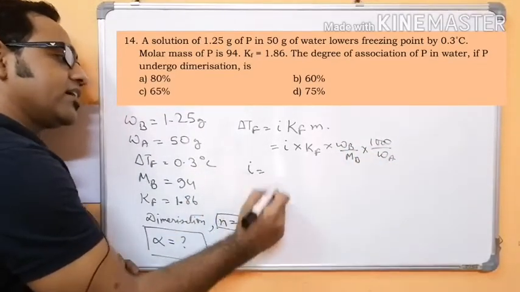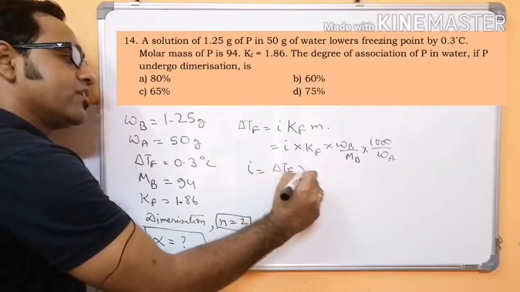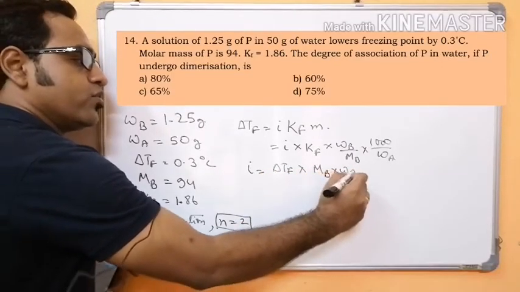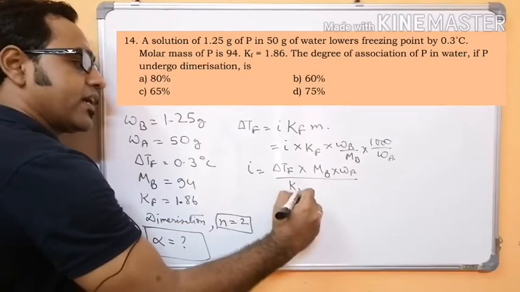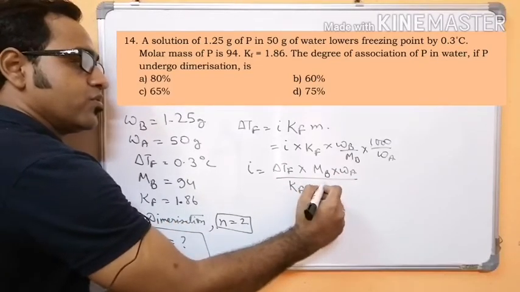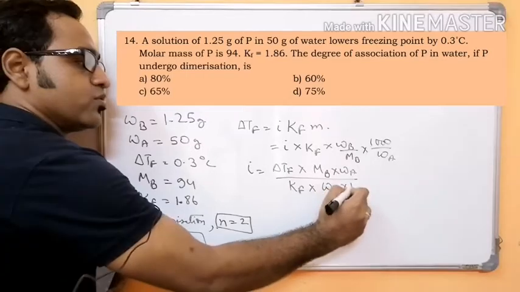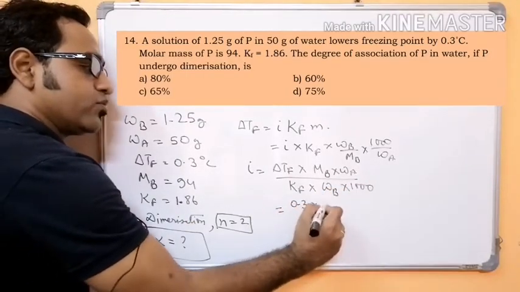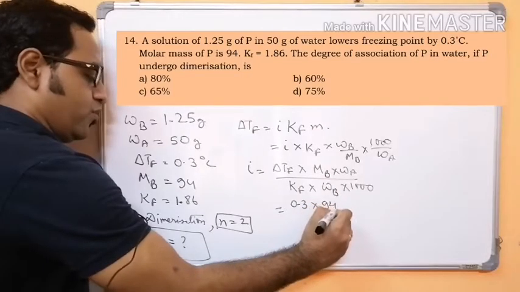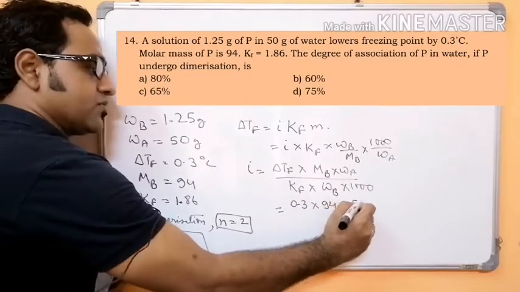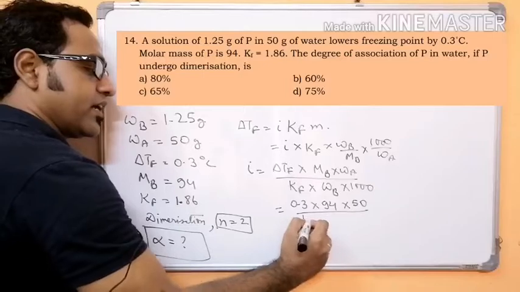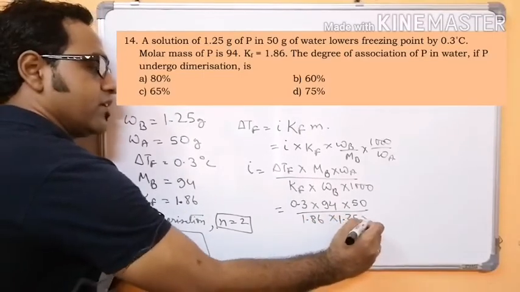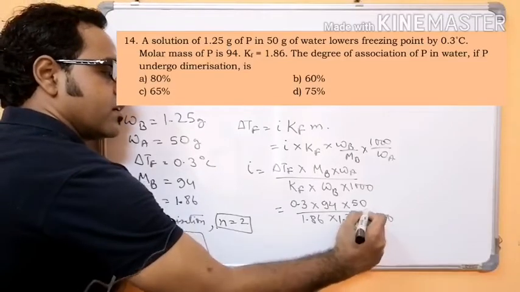So we can write i is equal to delta Tf into Mb into Wa divided by Kf into Wb into 1000. So put the data: 0.3 into Mb is 94 into Wa is 50, divided by Kf is 1.86 into Wb is 1.25 into 1000.